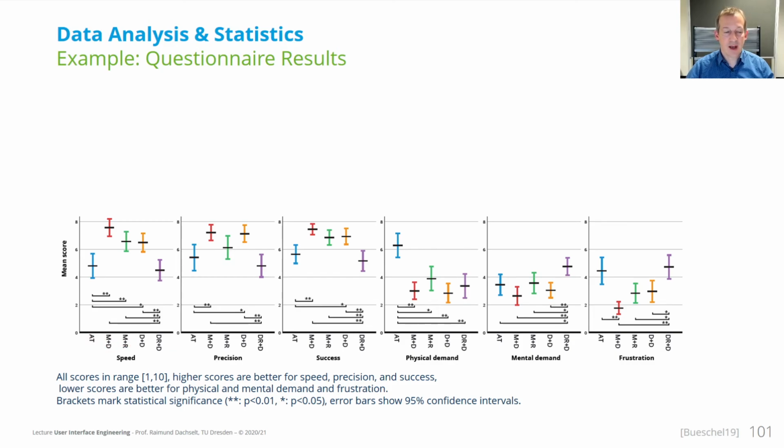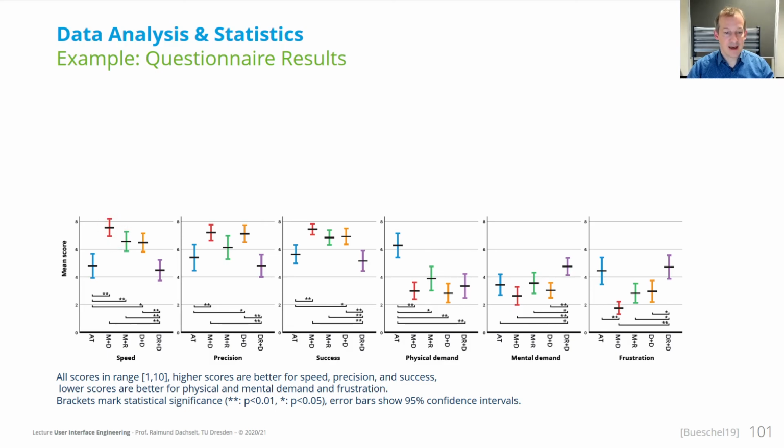And of course you can also mark statistical significance with these brackets in this example. And depending of course on the question, higher scores are better for speed, precision and success. So that means if the speed was felt to be higher, then this is obviously better than the other one.